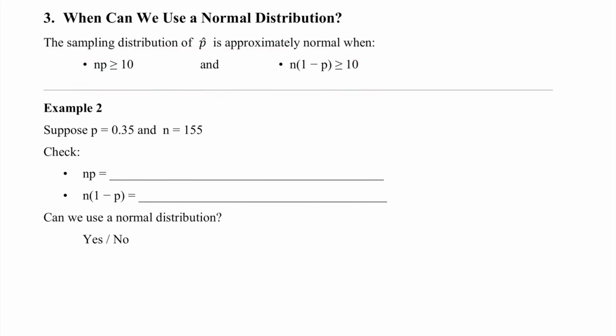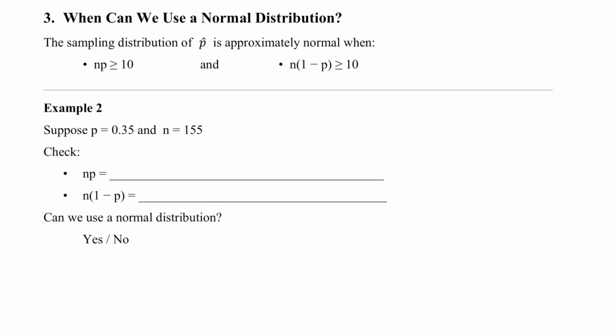First, n times p is greater than or equal to 10. Second, n times 1 minus p is also greater than or equal to 10. These conditions ensure that we expect enough successes and enough failures for the normal approximation to work well.